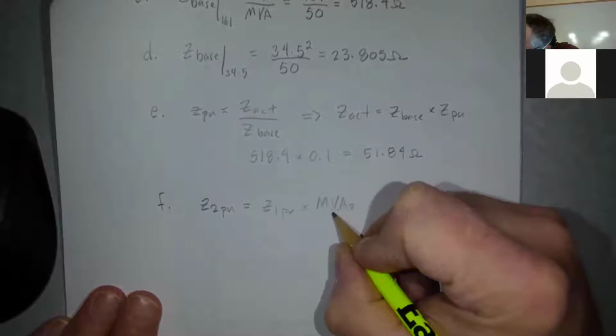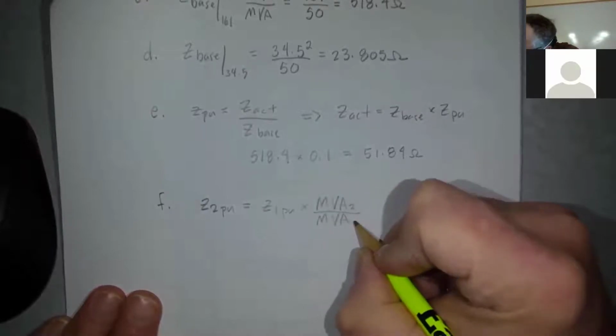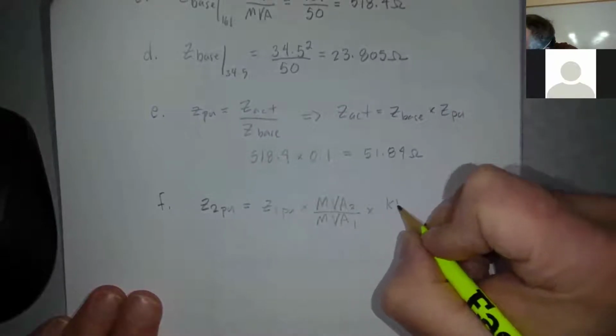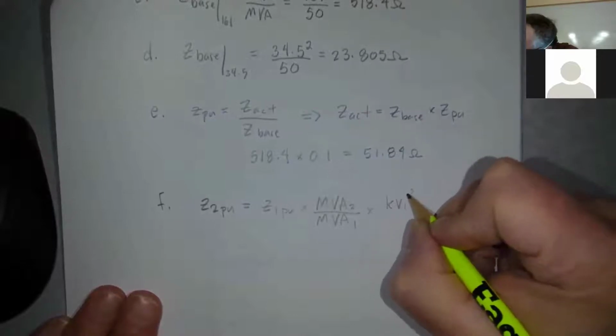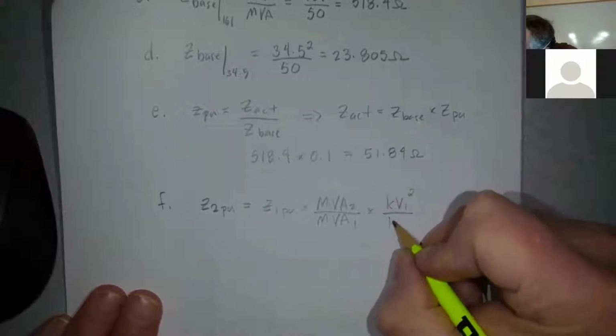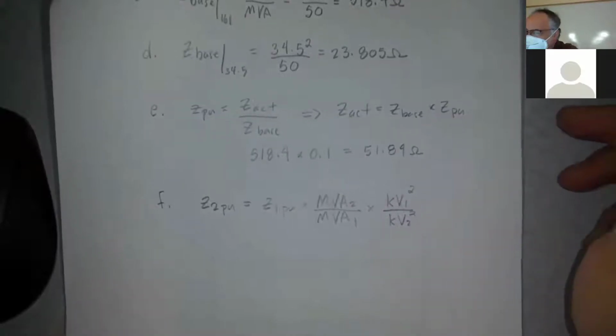This is 2, and this is going to be 1, times KV1, and that's going to be squared, divided by KV2, and that'll also be squared, okay?